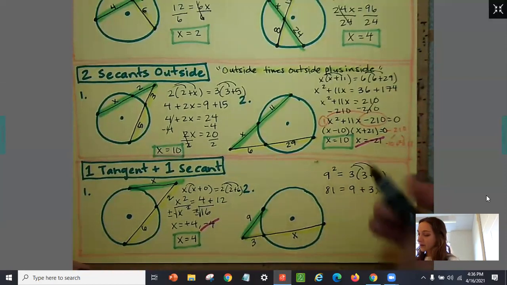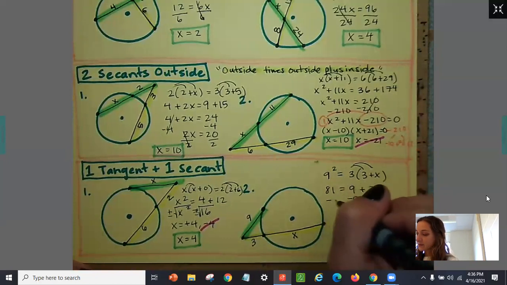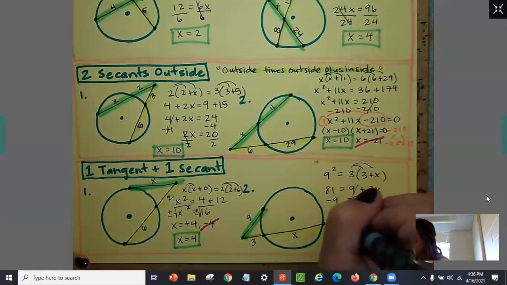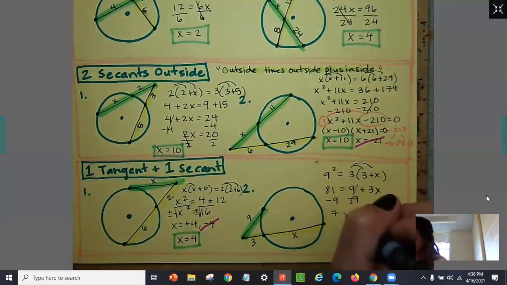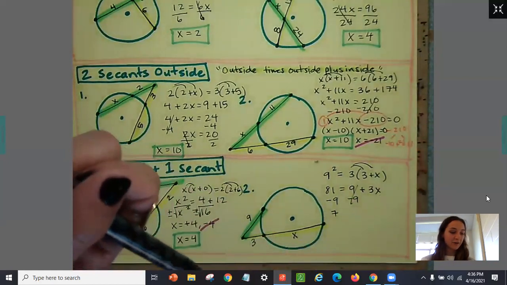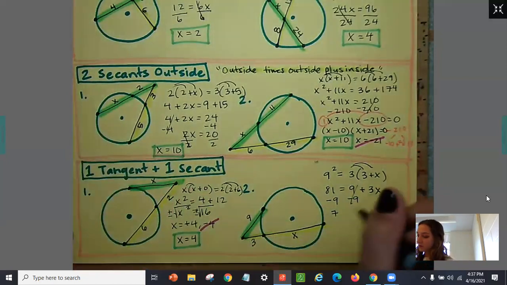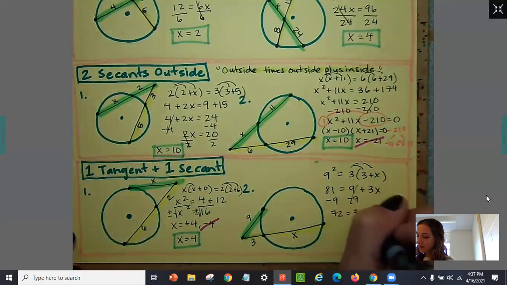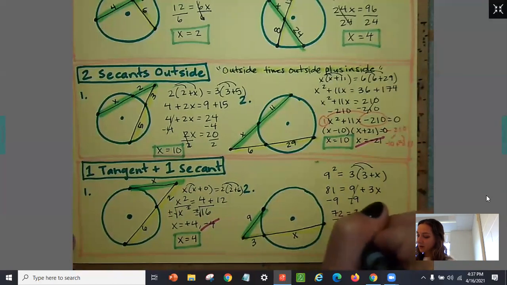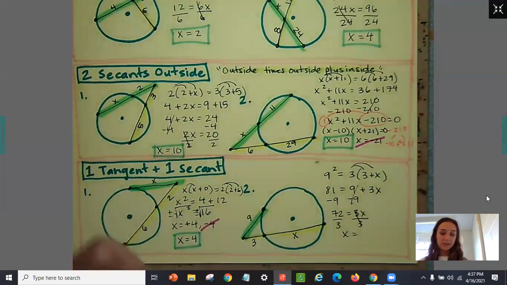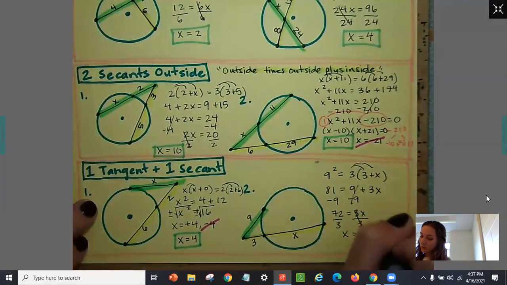And now we're just solving for x, so we're going to subtract 9 from both sides. Okay, 81 minus 9 is 72. And this equals 3x. And we're going to divide by 3 on both sides. So we're going to get that x is equal to 24.